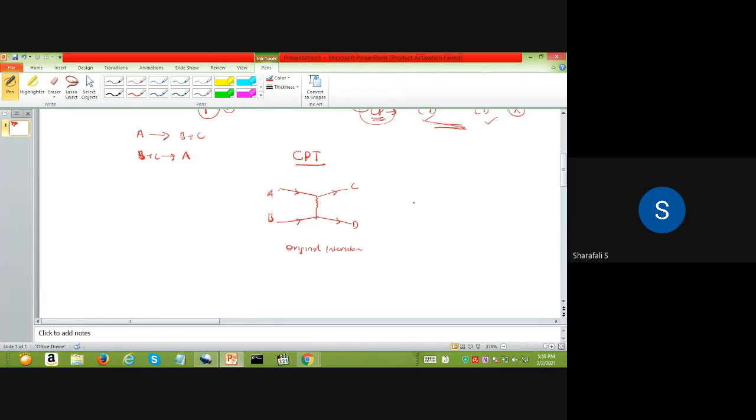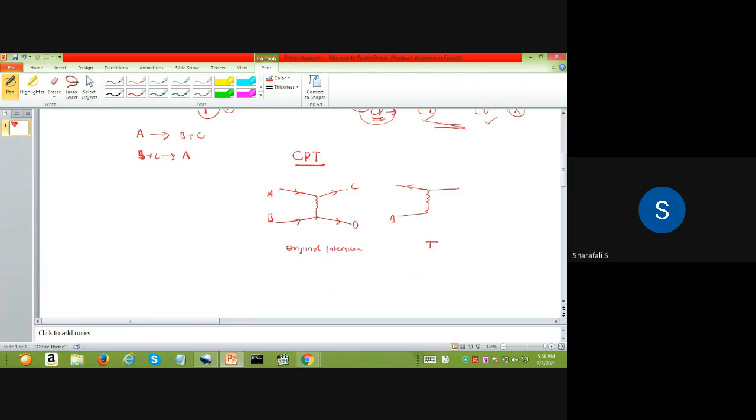Now, if you consider time reversal symmetry here, that will give me just the opposite of this: C and D interacting.